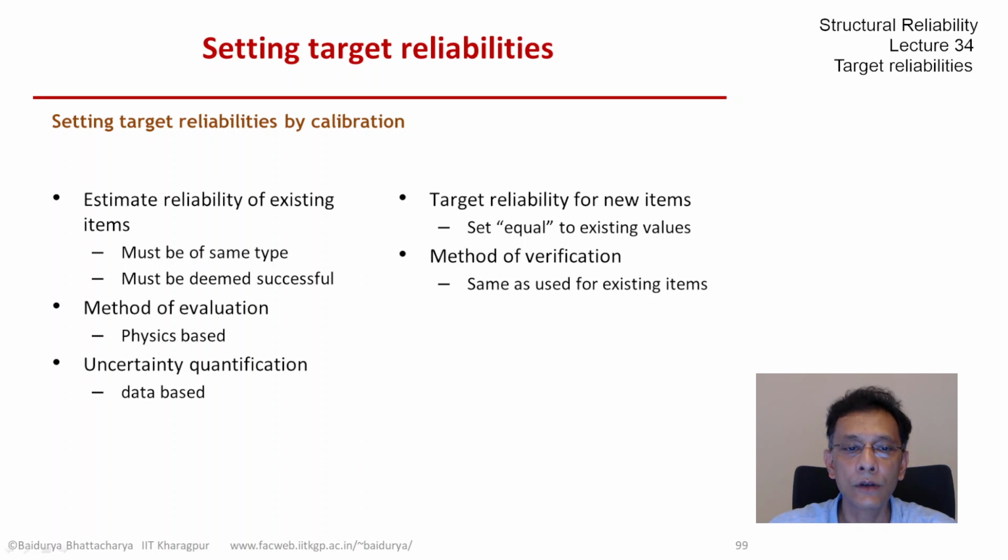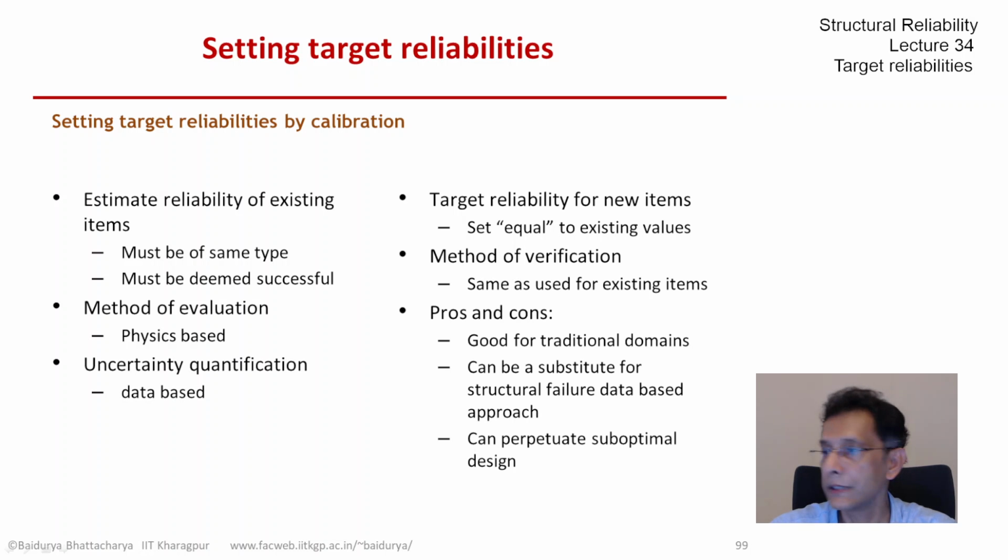The pros and cons, as we have been talking about for calibration-based methods: it's good for traditional domains where there is a long history of successful use and the pace of innovation is relatively slow. And most importantly, this method of calibration can be a substitute for an actual failure data based approach to setting target reliability.